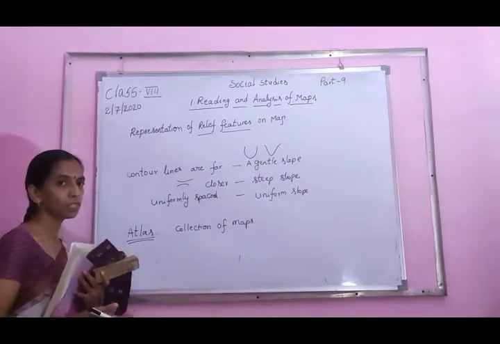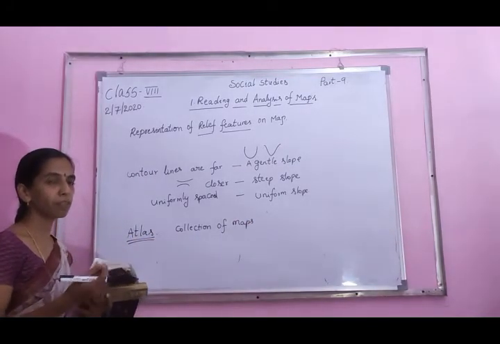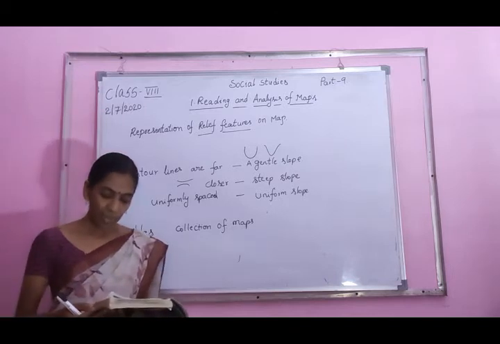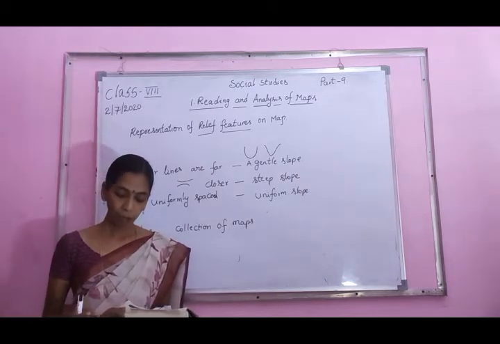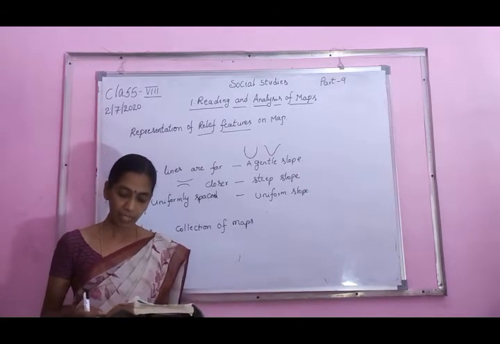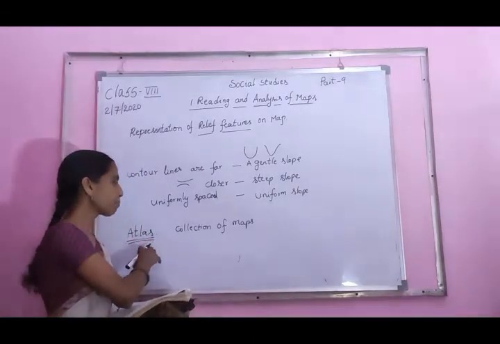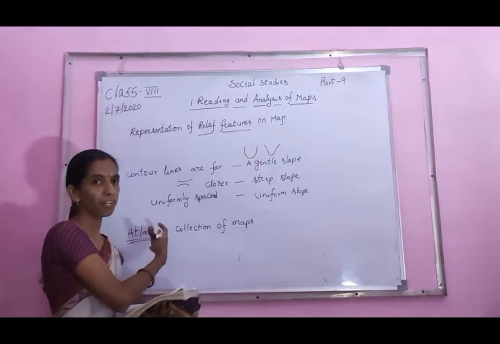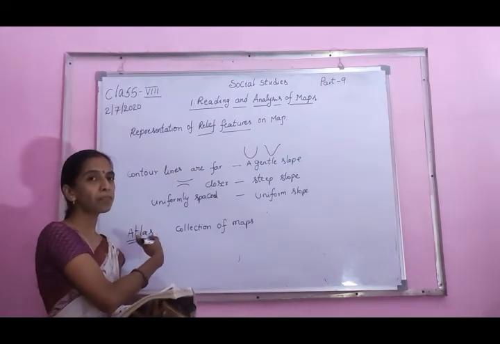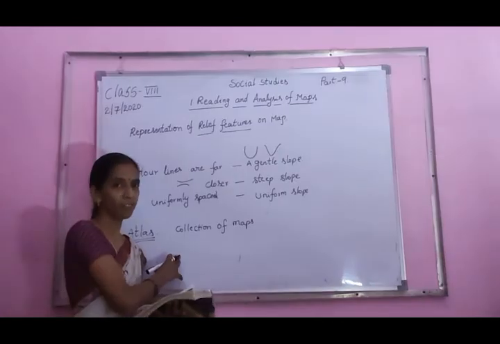These books give information through different types of maps. An atlas is a collection of maps usually arranged according to different themes.